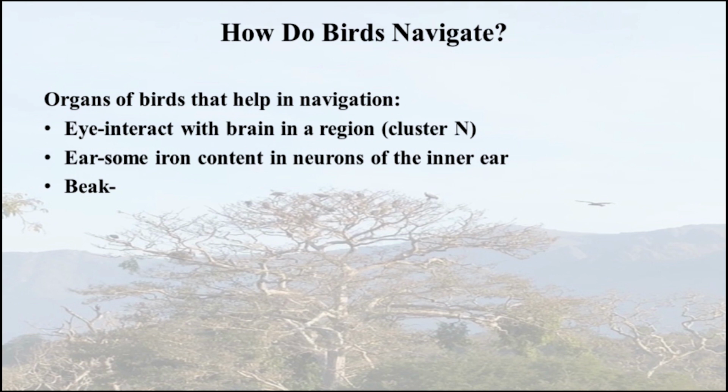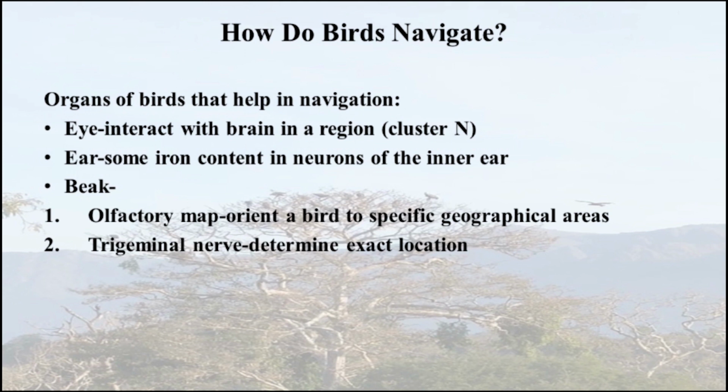Some researchers think a bird can smell its way across a flyway. This olfactory map would orient a bird to terrain and topography. The trigeminal nerve, which connects a bird's beak to its brain, may also help a bird assess its exact location.